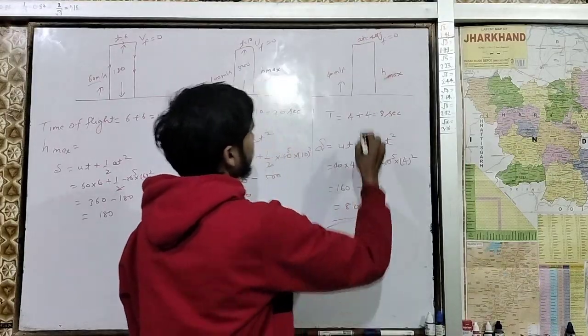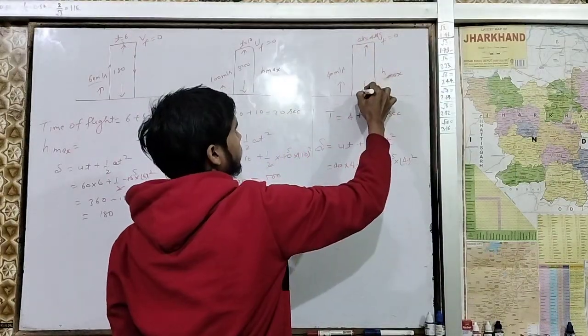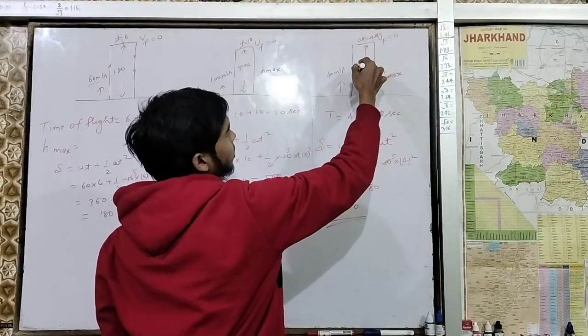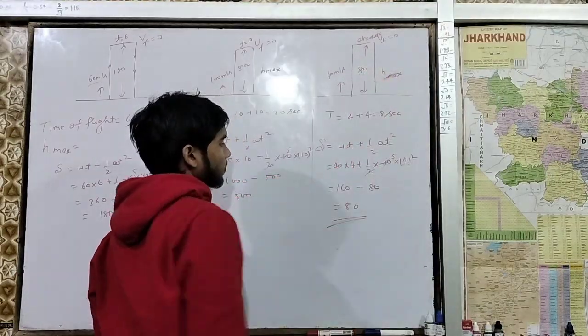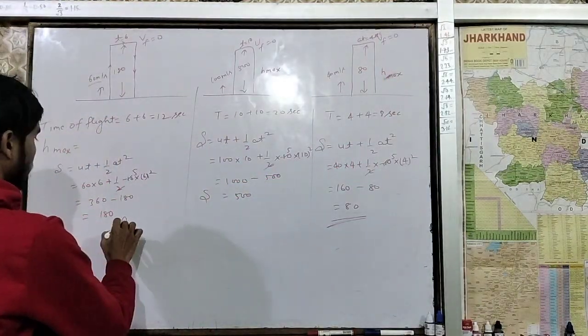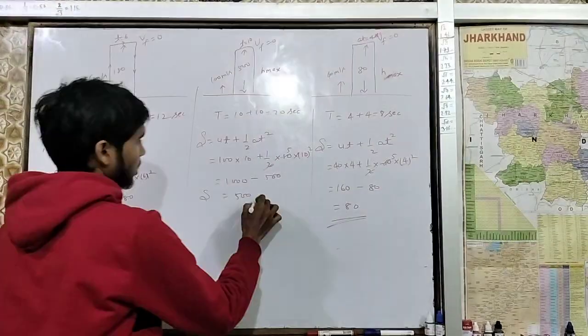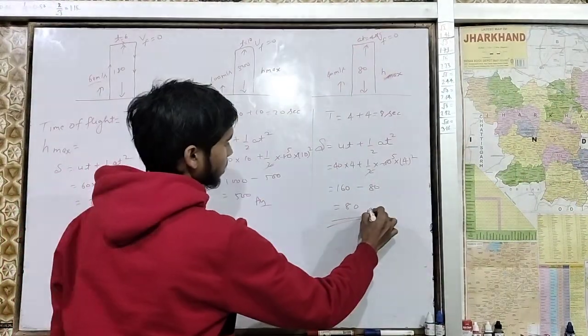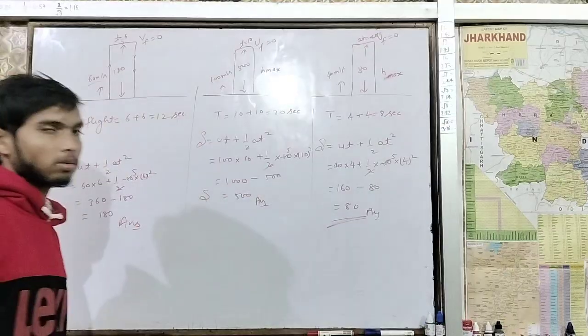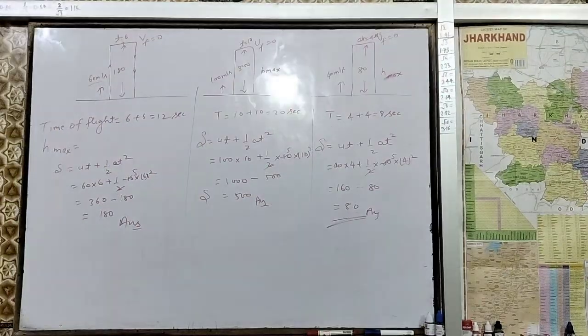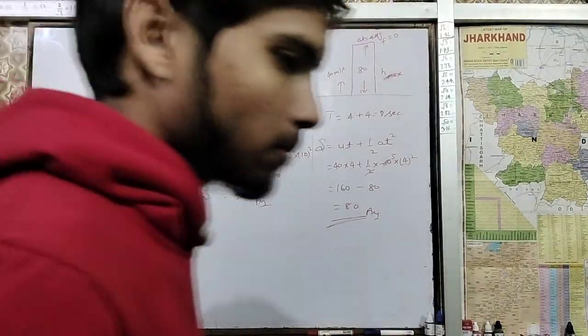So for this question, displacement would be 80. This is how this type of equation is solved with logic.